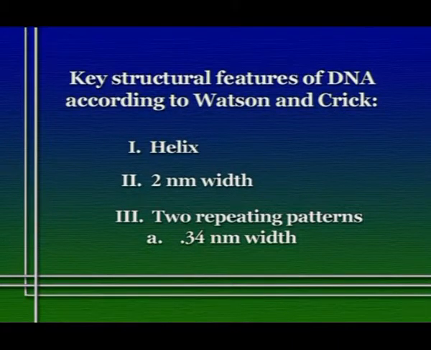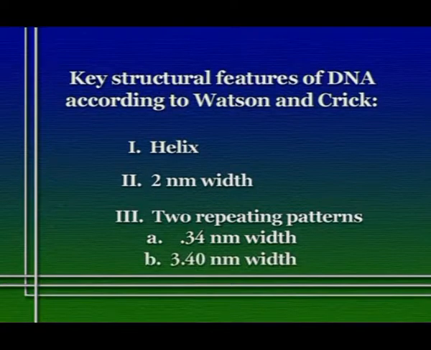And then there was a larger repeating pattern that was 10 times that size, 3.4 nanometers. From this, they inferred that the number of nucleotides that would occur when the spiral went around just once and returned to the same point in the spiral had to be about 10 nucleotides.